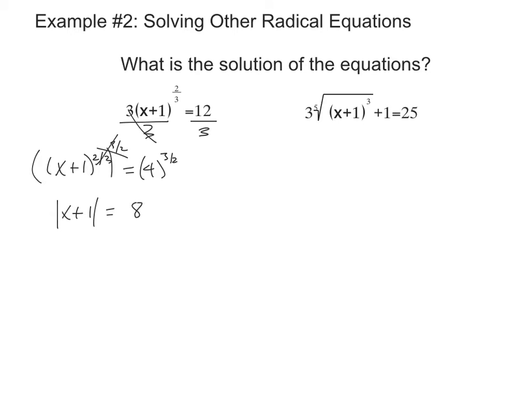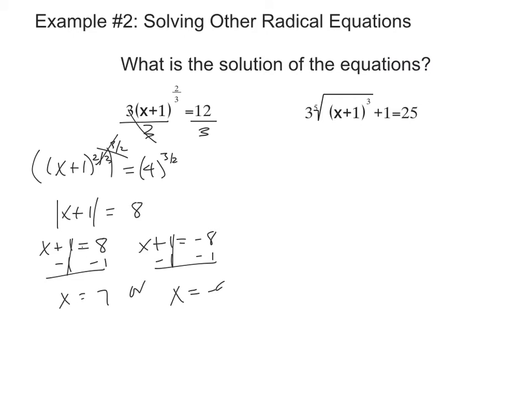So if you remember with absolute values, you're actually saying x plus 1 equals positive 8, and then x plus 1 equal to negative 8. Okay, so we're going to need to subtract 1, and you'll get 7. Or, again, if you subtract 1, you'll get x equals negative 9. And both of those solutions actually work, so these two will be your answer.